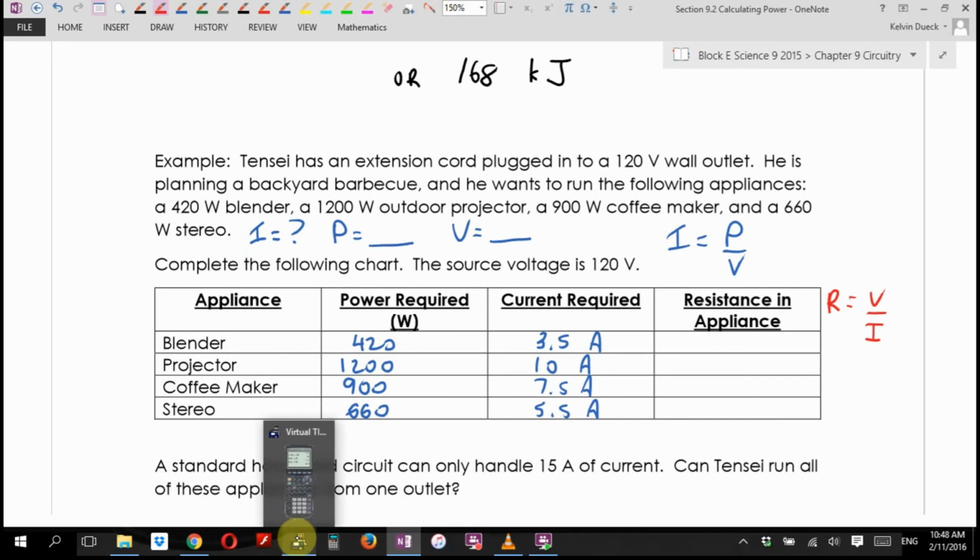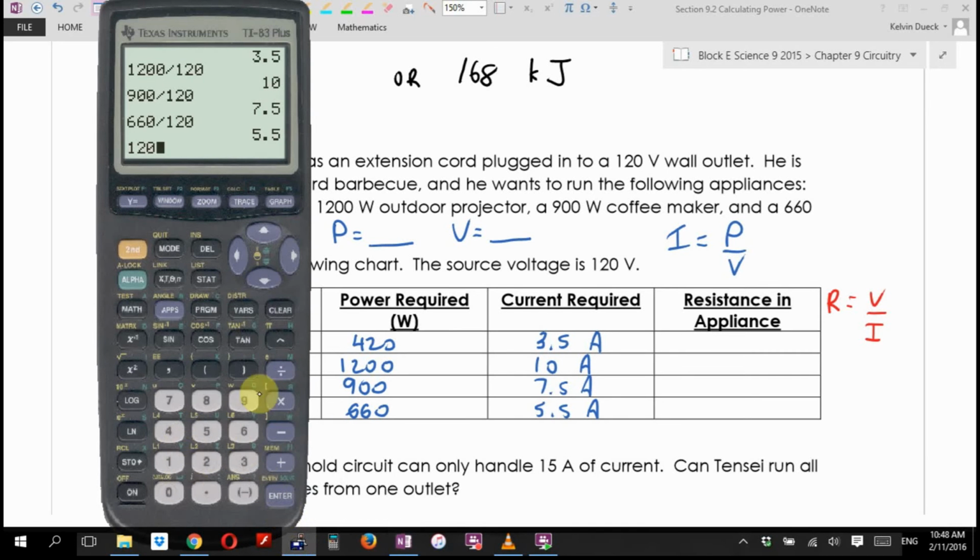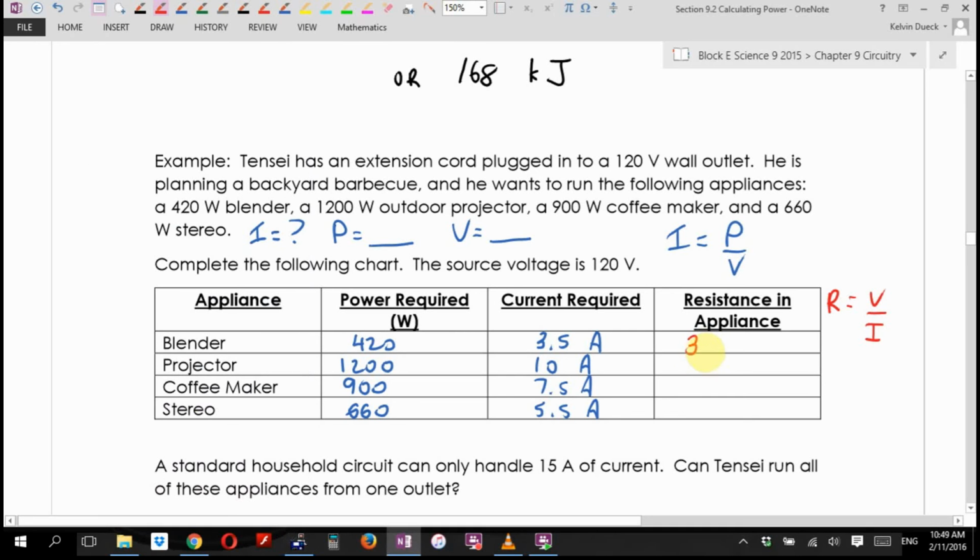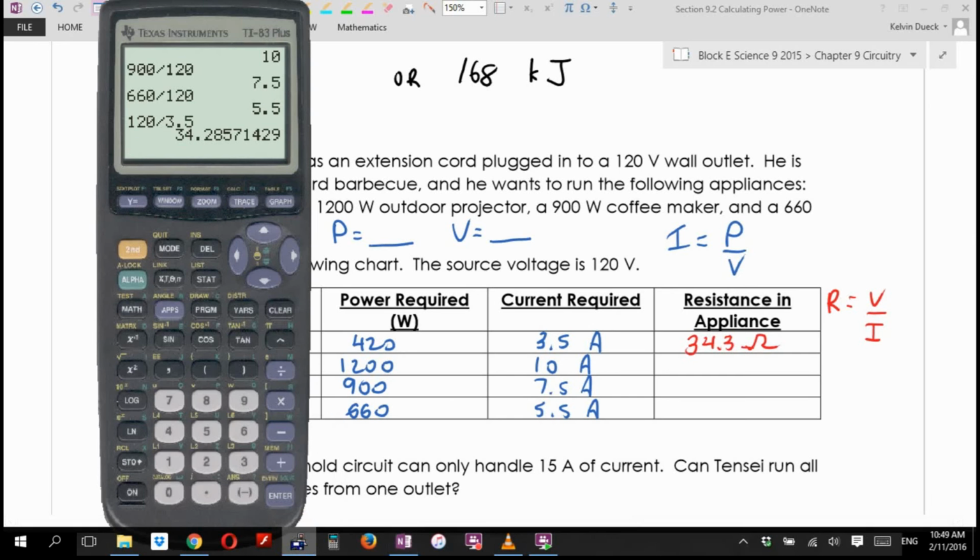So for the first one, 120 divided by 3.5 is 34.3. I can't make these work out evenly all the time, sorry. 34.3 ohms. That's my ohm symbol. 120 divided by 10, 12 ohms.